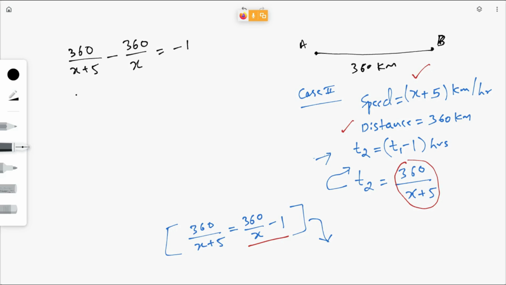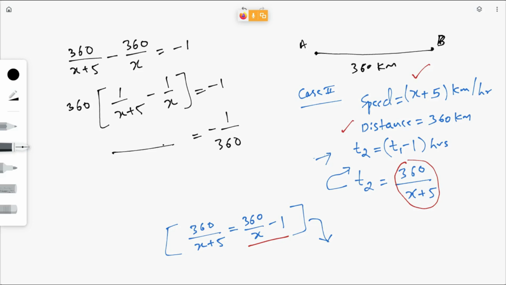Take 360 common. Then you will be left with 1 by x plus 5 minus 1 by x is equal to minus 1. Now you can take this 360 here, minus 1 by 360. Now simplify: x into x plus 5, and here x minus 5.